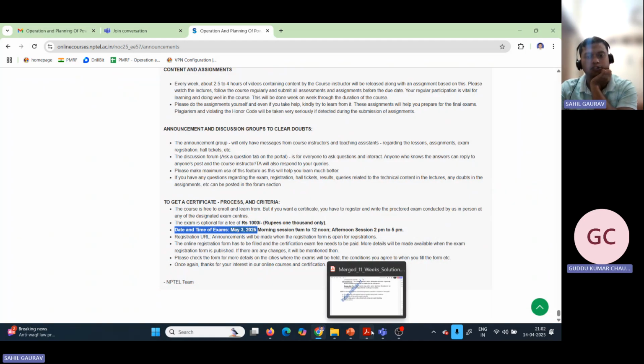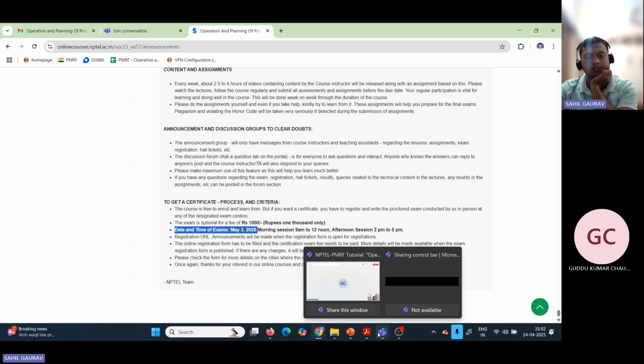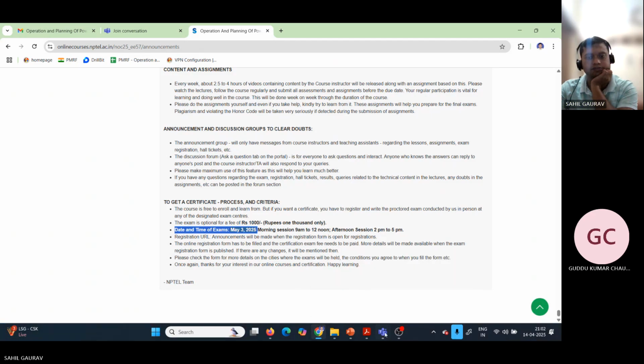Hopefully you will get the hall ticket this week. I think so, because for 27th April they have just told about the exam date and exam venue, but they have not released the hall ticket.